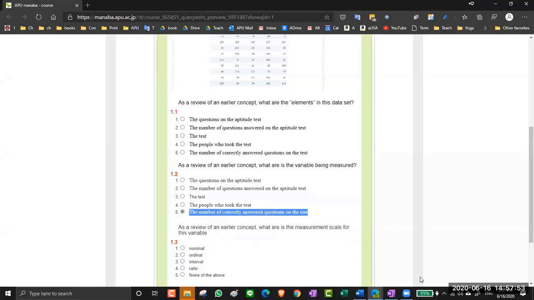Okay, we're going to get all the answers, but which one is the right one? I think it's interval. Okay, what's the difference between interval and ratio? Interval has a unit. Interval has what? A unit, like Celsius, degrees.